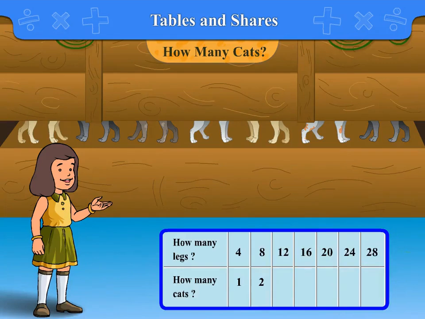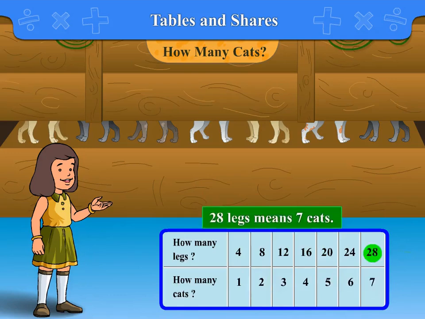Now, one cat has 4 legs. Therefore, to get the number of cats, we go on adding 1 each time. 1, 2, 3, 4, 5, 6 and 7. Hence, 28 legs means 7 cats.